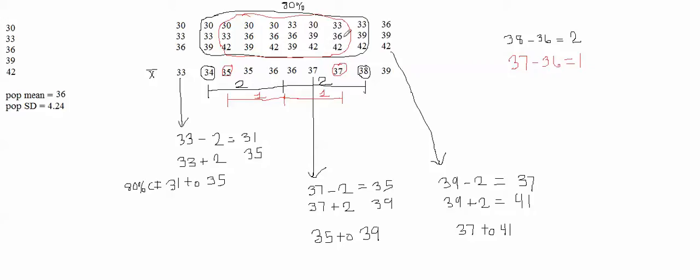So to get the 60% margin of error, we subtracted 37, which was at the upper end of this circle, by 36. So our answer for the 60% margin of error is 1.